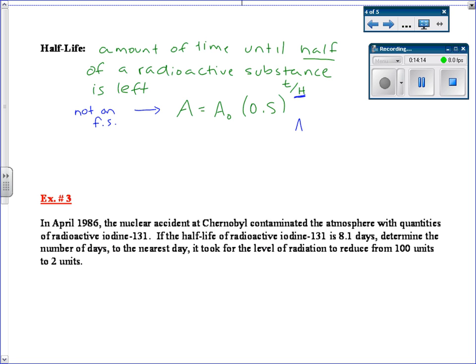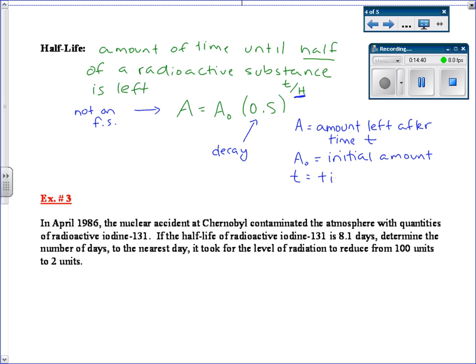What everything means here: A is the amount left after a time t. A naught is the initial amount. 0.5 is the decay value, so that means half of it is left each time. t is the time, and H is the half-life.